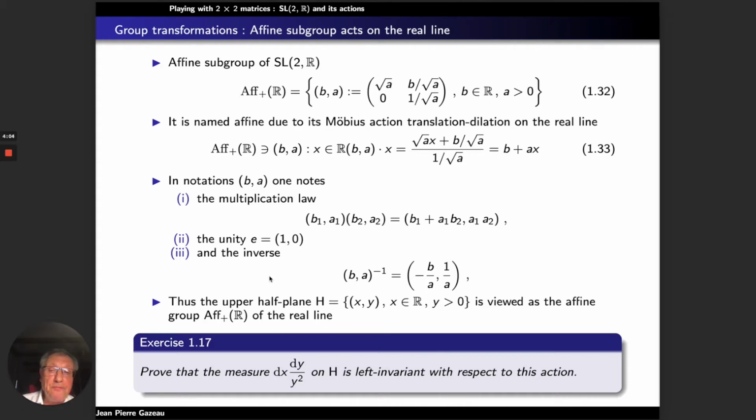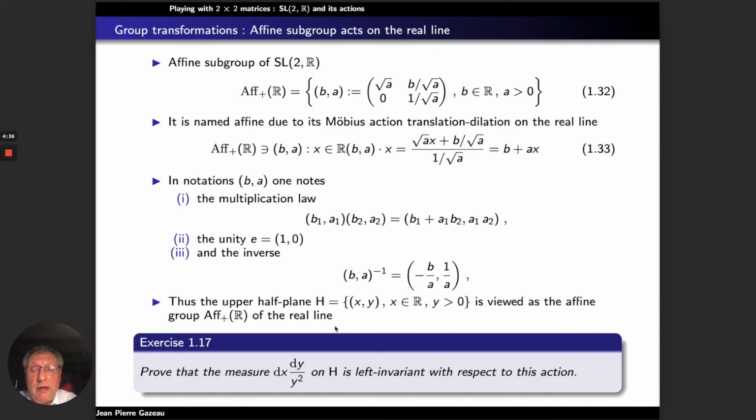This is actually the upper half plane H. We have already considered this geometric object. This upper half plane is viewed as the affine group itself, viewed as the affine group of the real line. Now here we have an exercise which is very useful.